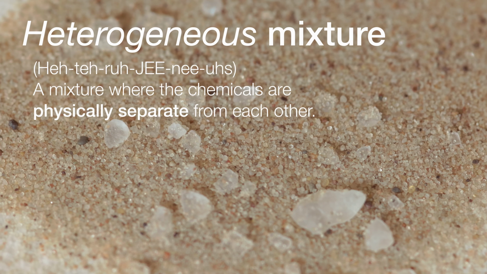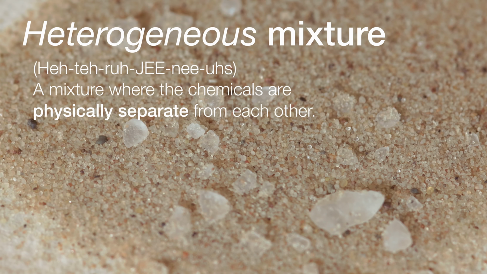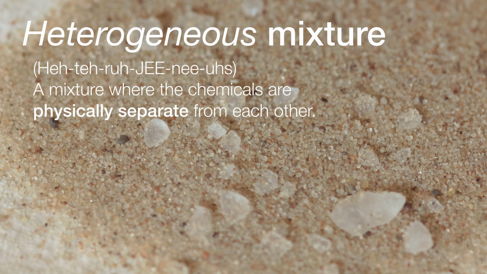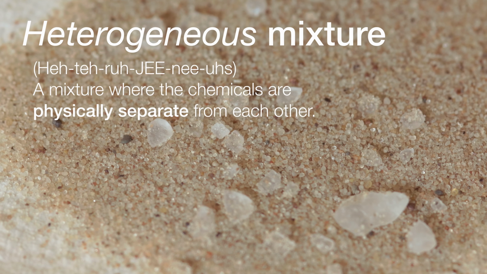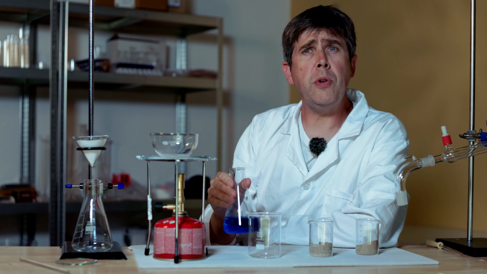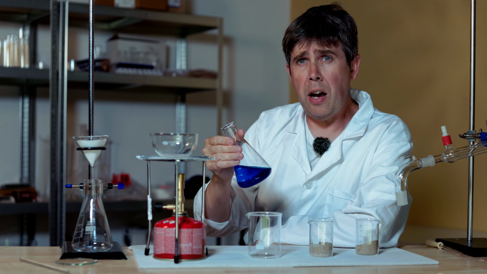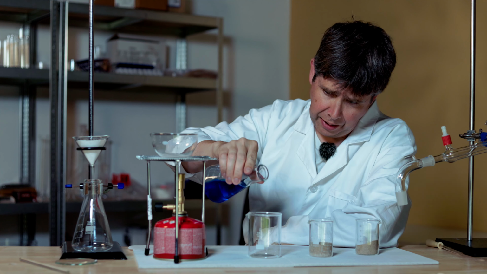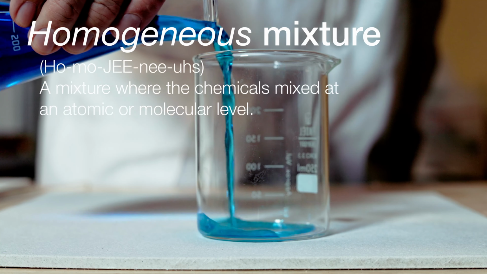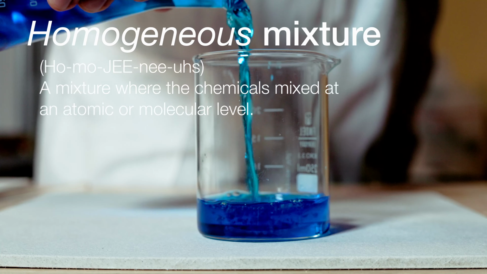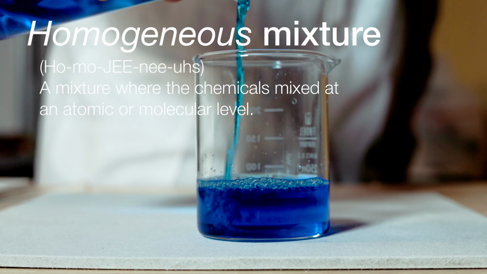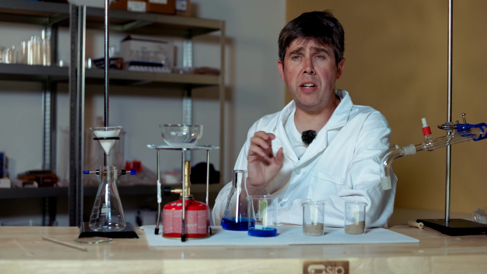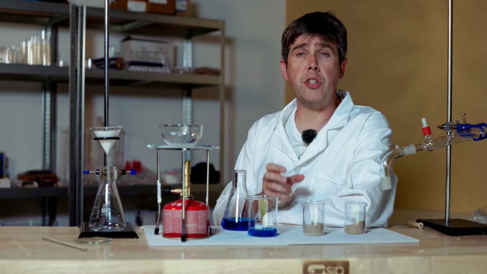You might need to look under a microscope to spot them, but they are distinct, such as the sand grains and salt crystals here. You can also get homogeneous mixtures. These are harder to spot because the substances are mixed at an atomic level. But they are still mixtures because no electrons have been transferred and no bonds are formed.